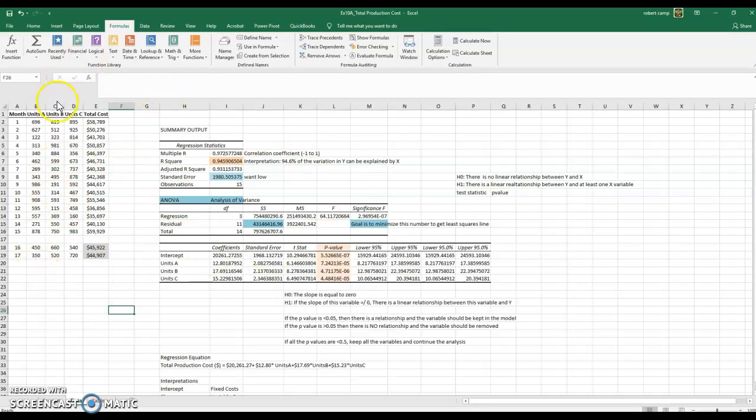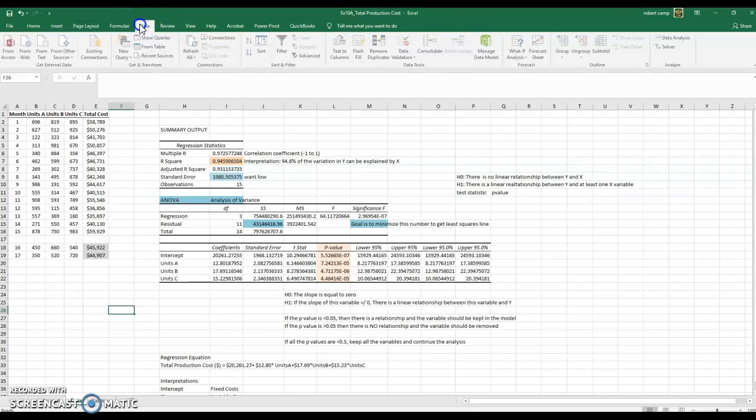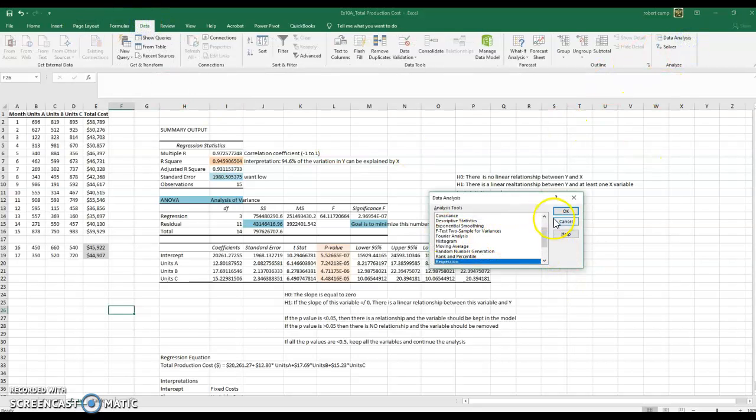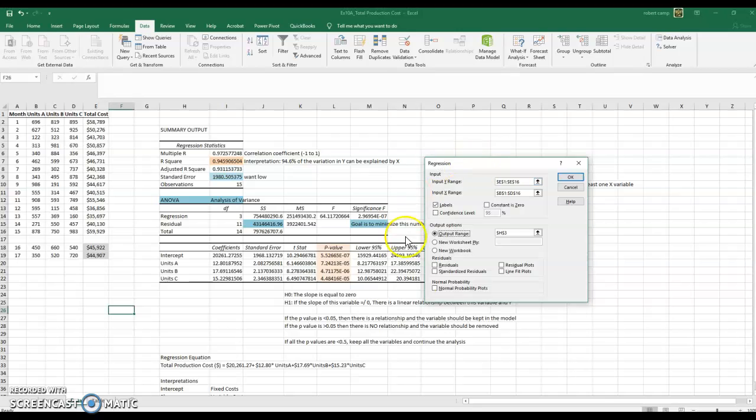Now let's go back to that regression analysis tab really quickly, and we're going to change a couple things. I'm going to leave everything the same, except I want to take a look at my residuals and my normal probability plot. And let's take a look at what those are and what they're going to talk about.